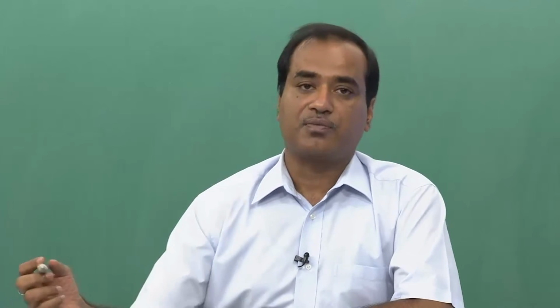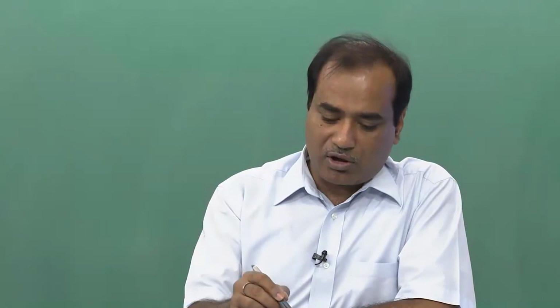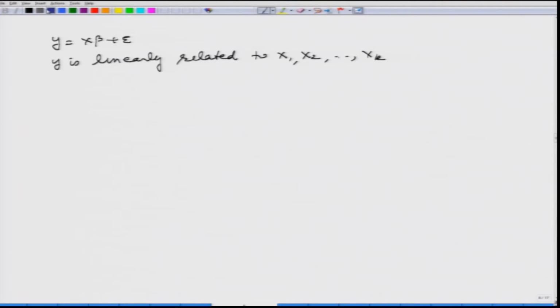So, we take the help of a simple linear regression model in which, if you recall, I had made a scatter diagram like this, where I had taken x and y as the independent and dependent variable, and we had made a scatter diagram of the given observations. In case it looks like this, we can say that there is a linear trend, and possibly the relationship between x and y is going to be linear.